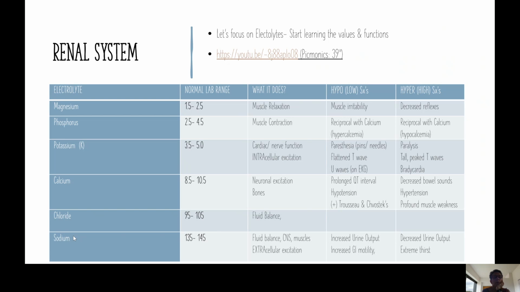And so here is a chart that I created, built off of a couple of different YouTube videos that I listened to that I thought were helpful. So I would highly recommend that you start learning your normal values for your electrolytes as soon as possible, and in whatever fashion you would like to do it.